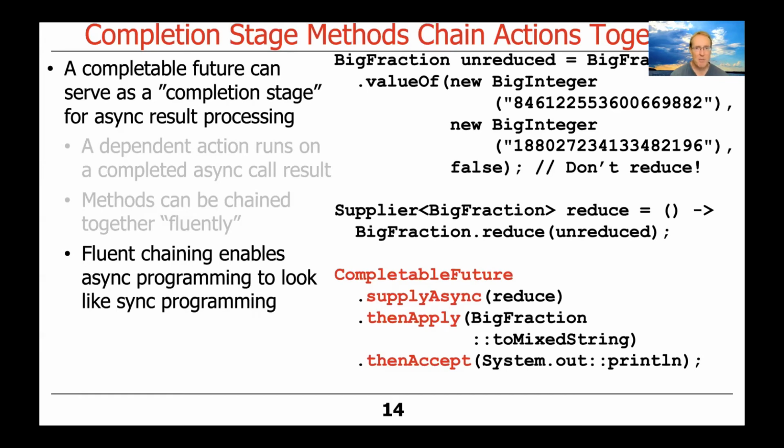And the fact that this may be running in a background thread, and that background thread is managed by a common fork-join pool, it's really kind of an implementation detail. It's a very important detail, of course, but from the point of view of not blocking the caller, you don't have to care about how the mechanisms work under the hood. You just have to know what the semantics of the framework are and what kind of behavior you can expect if you use the code chained together in this particular way.